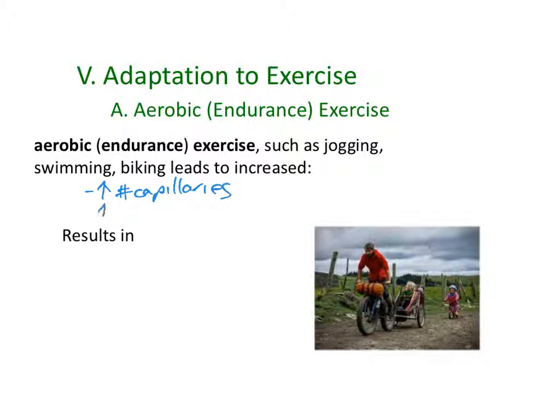It increases the number of mitochondria that are there, and increases the amount of myoglobin, which is the oxygen-carrying pigment in muscles. This is basically enhancing your muscles' ability to produce ATP using aerobic respiration.